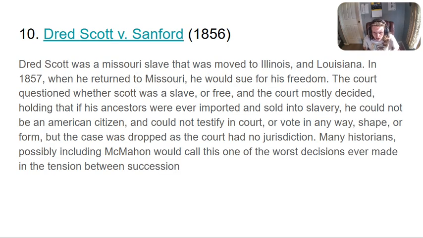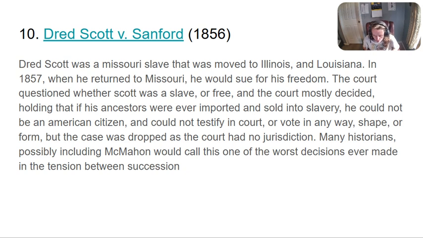Number 10 is Dred Scott versus Sanford in 1856. Dred Scott was a Missouri slave that moved to Illinois and Louisiana. In 1857, when he returned to Missouri, he would sue for his freedom.